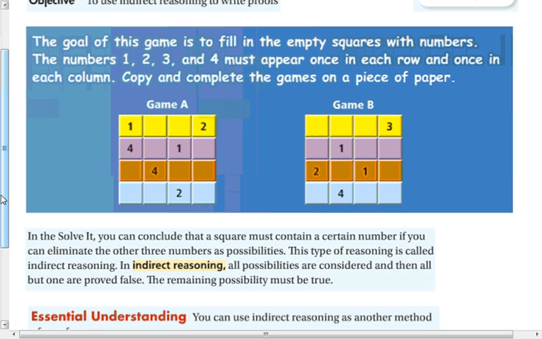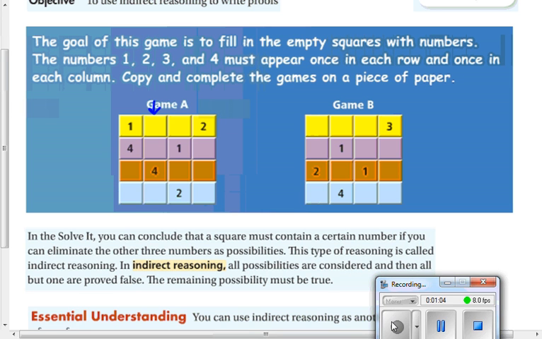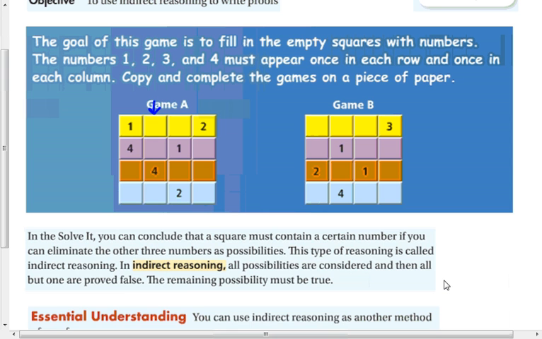Like in this first one, you might say, I know that this one is either a 3 or a 4, but we know this can't be a 4 because we already have a 4 in this line. So we know that it has to be a 3. And then this is a 4. And so on. That kind of reasoning is indirect reasoning.